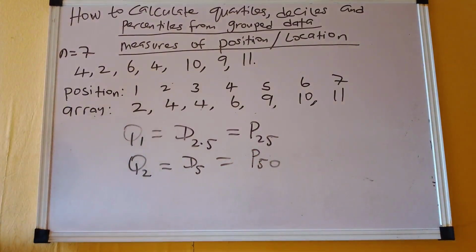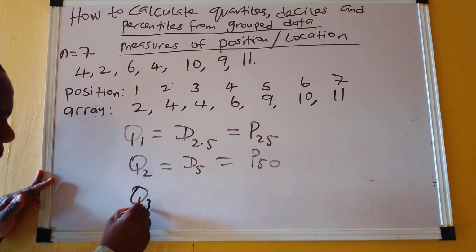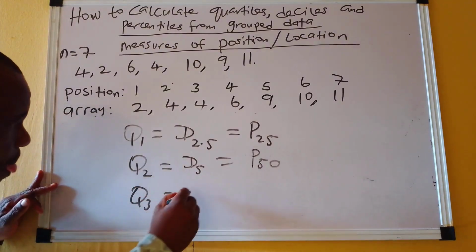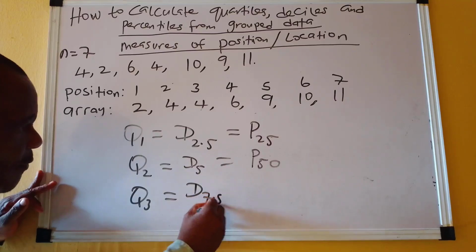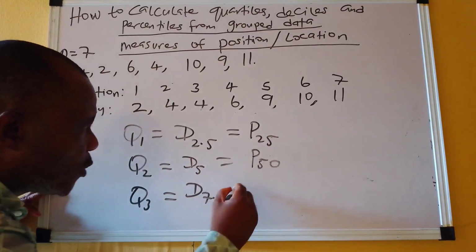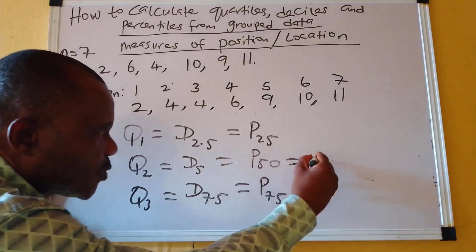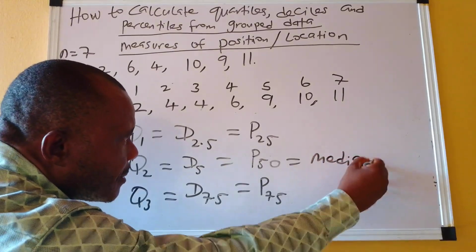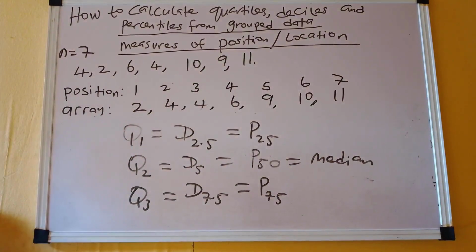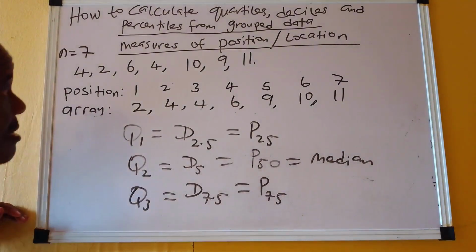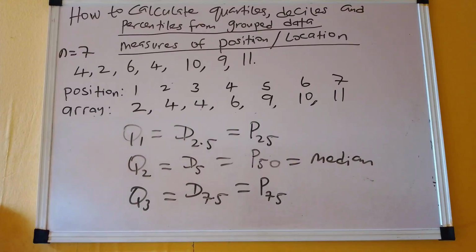While our Q3 is equal to D7.5 and is also equal to P75. Of course, Q2 is also equal to the median. So these facts have been established on this particular topic: measures of position or measures of location.